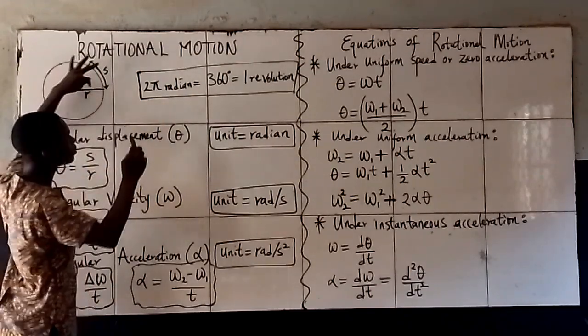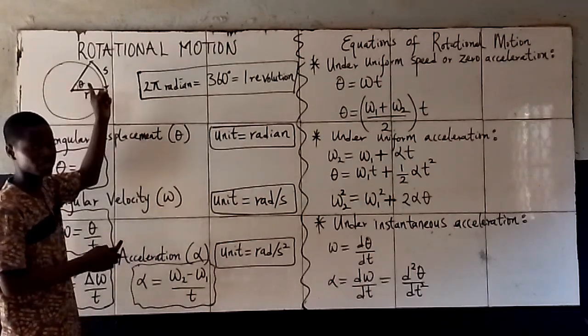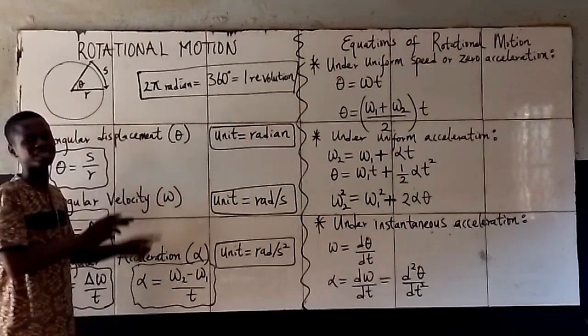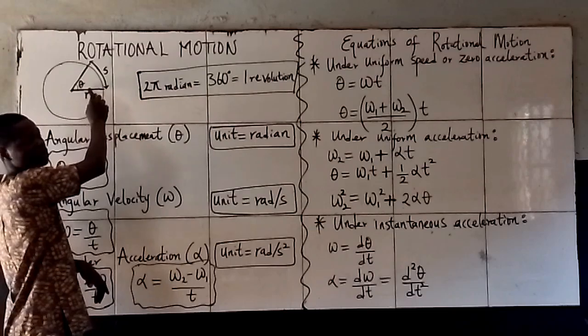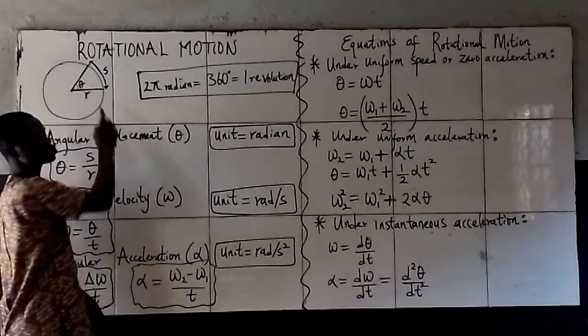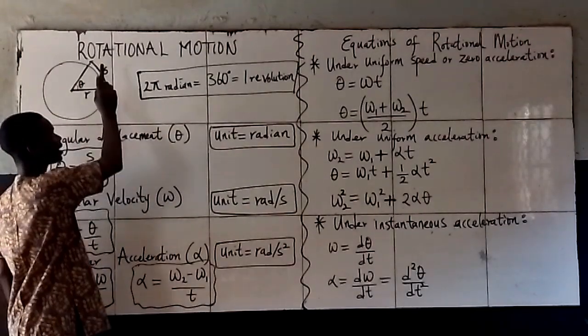Now that angle that is covered in every time is represented by theta, as you can see here. And for every distance that this body will cover in that time interval, it will be represented by s, while the angle will be represented by what? Theta. So let's say the time was t. The angle subtended in that time t will be theta, while the distance covered in that time will be s.